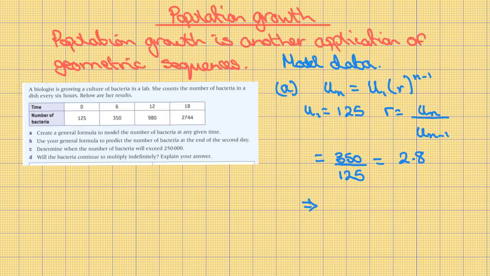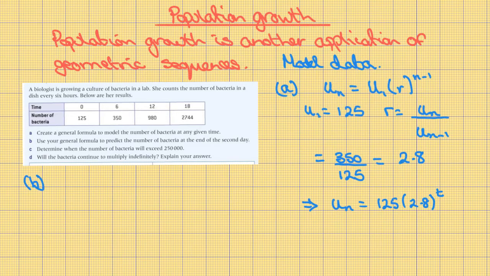Therefore, u_n is equal to 125 times 2.8 to the power of t. T this time standing for time. It is t and not t minus 1 because our first time is time 0.